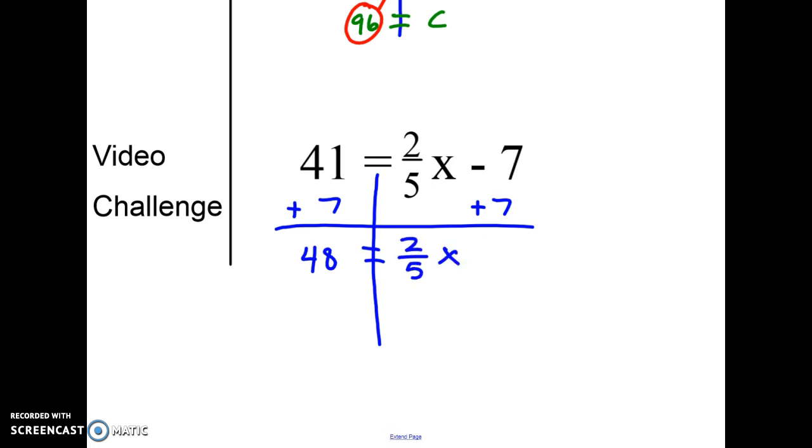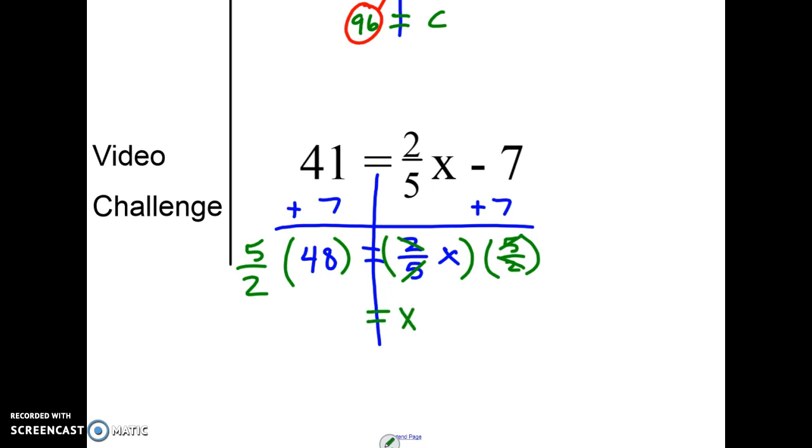And this 2/5 looks a little scary because we have a fraction, but really the easiest way to do this is just to multiply by a fraction that is its reciprocal. And so what we're going to do is multiply it by 5 halves, like that. We're going to multiply 5 halves on both sides. So on the left hand side, when we multiply by 5 halves, the 5's cancel and the 2's cancel, and so we get x alone.